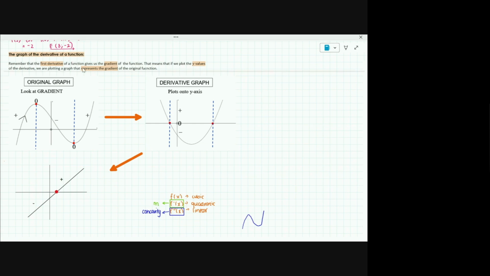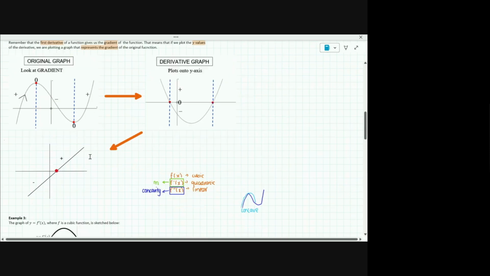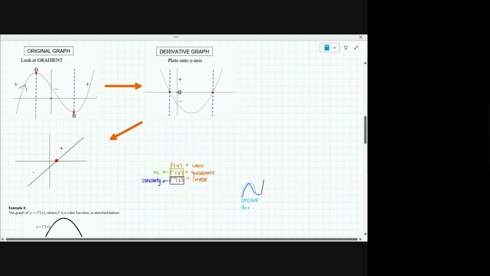There's a part of this function that will be concave down, where you see sort of a sad looking parabola, and this is where your second derivative is less than 0.